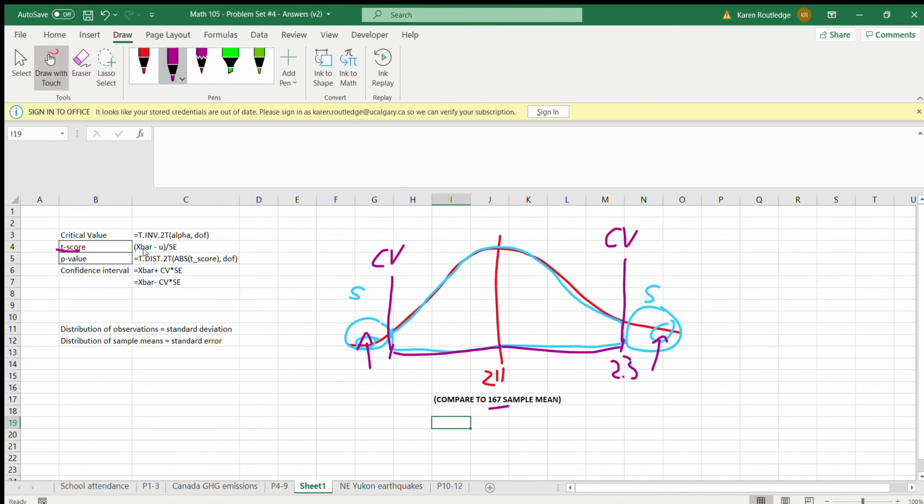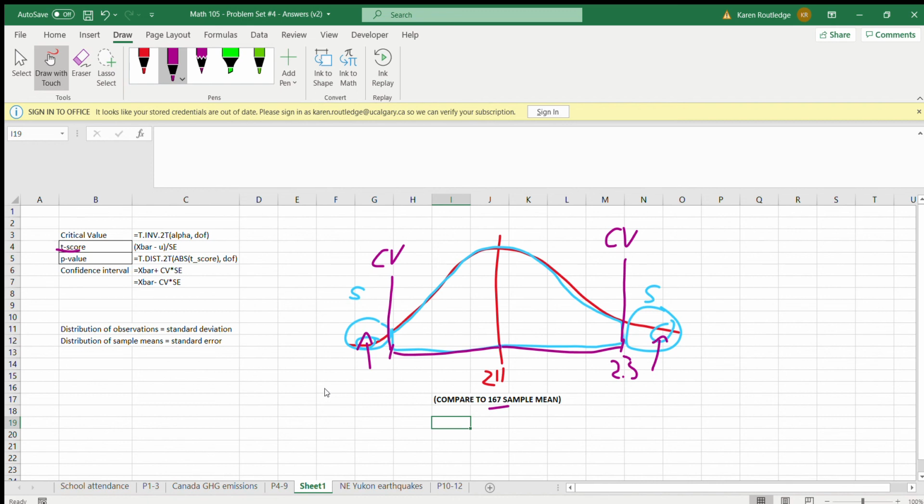And it also has an equation here. We take our sample mean and subtract the population mean, and we divide that by the standard error. So the sample mean comes out of the data, mu comes out of the question, that is our long-term mean or the fixed value, and the standard error also comes out of the data. So we calculate that, and that converts our sample mean into standard error units, a distance from the mean.